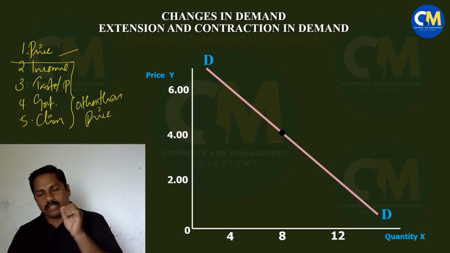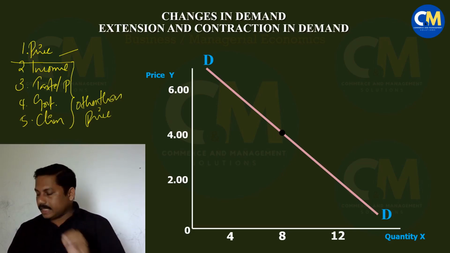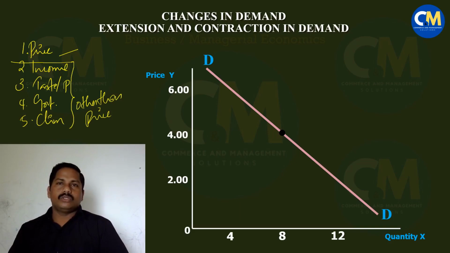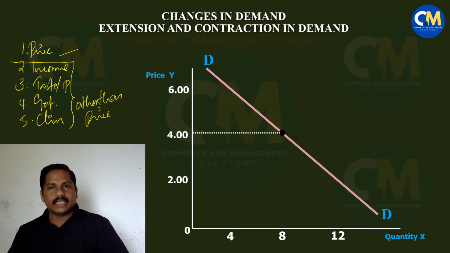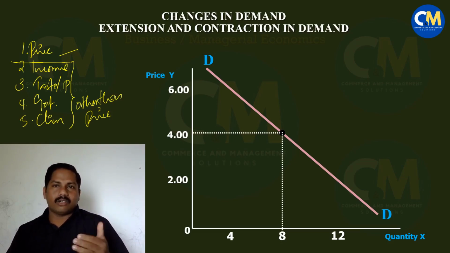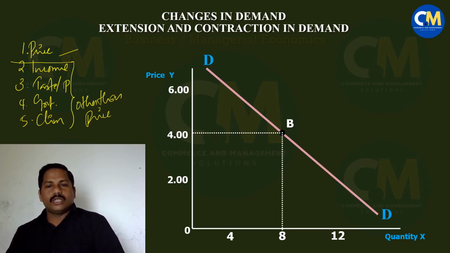To get them, extend a line from the curve to both axes. Extending to the y-axis gives the price, and extending to the x-axis gives the quantity demanded. Here the quantity demanded is 8 and the price is 4 at point B.